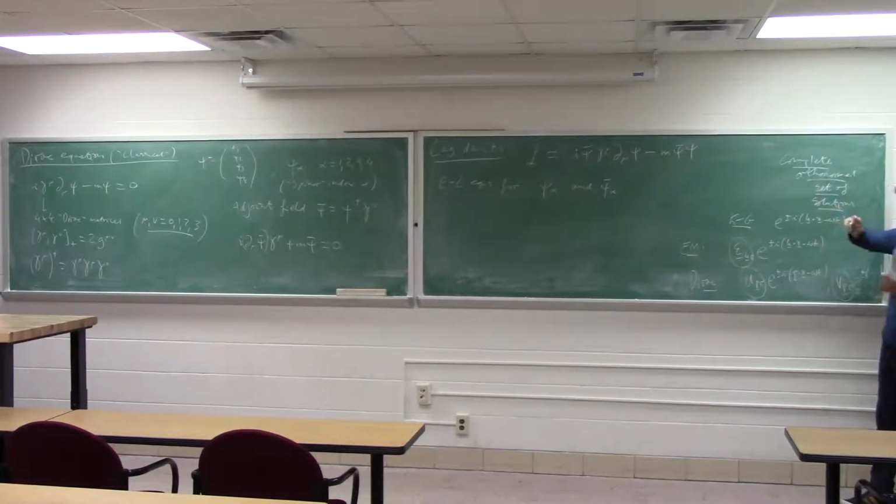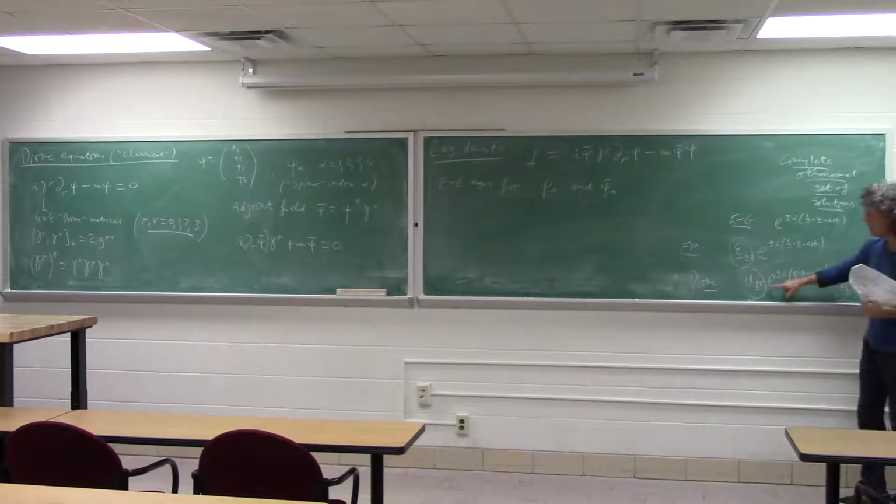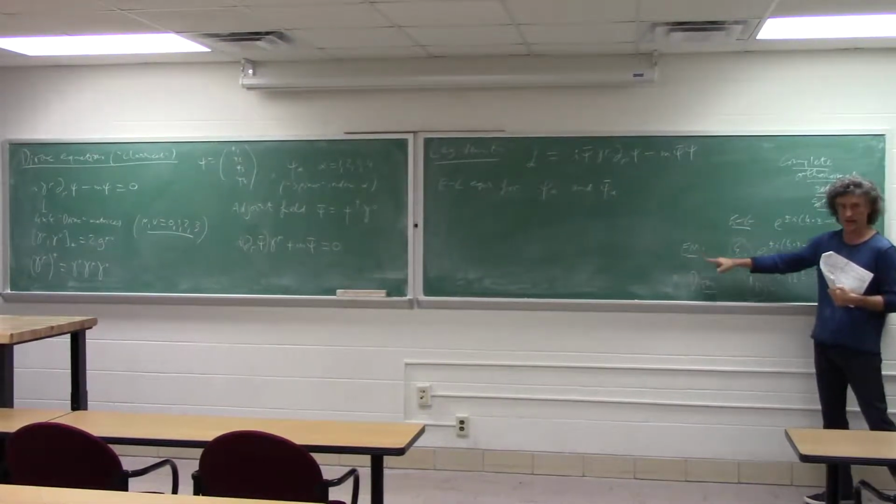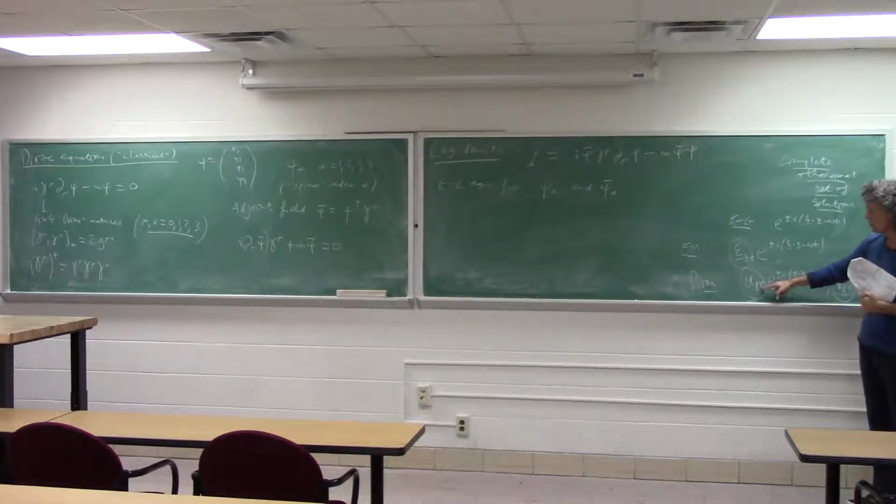Okay, I'm going to show you their properties, that there's a complete orthonormal set of solutions of the Dirac equation that similarly are plane waves, but where in front of the plane wave, instead of having a three vector as you have in the electromagnetic case, you have a four component column vector that is just a complex spinor.